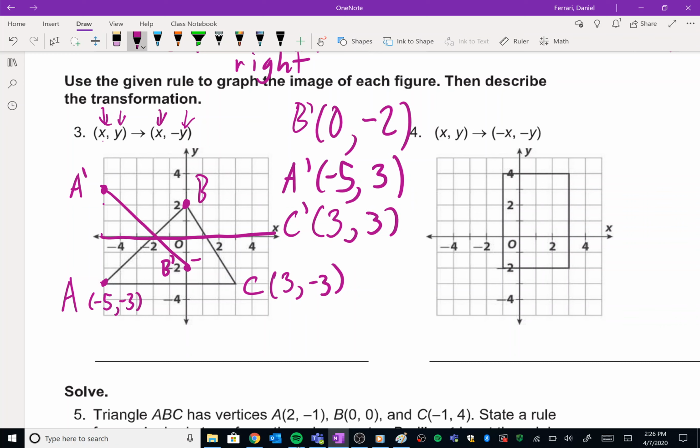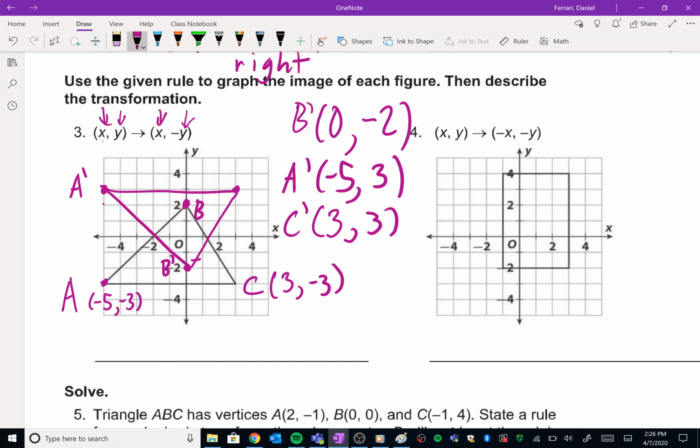Go to plot my point, and I end up 1, 2, 3, somewhere up here. Now, if you didn't see it before, you will definitely see it now. I'm going to move this out of the way. My triangle has now flipped over the x-axis.